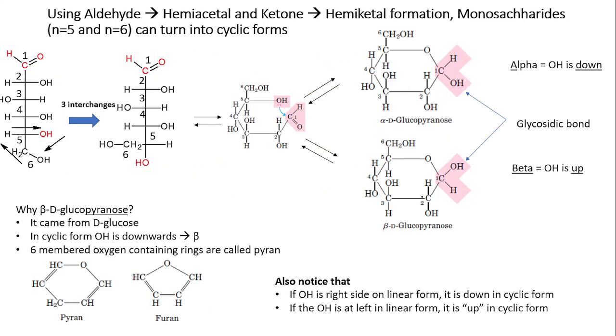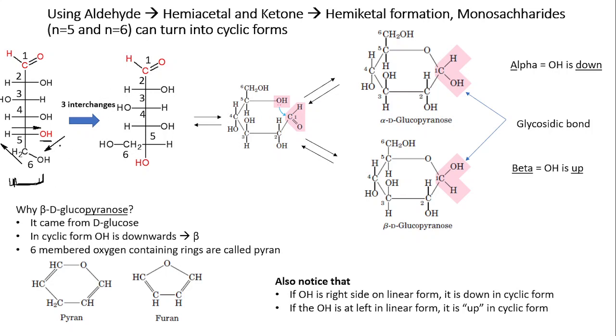Using aldehydes, this hemiacetal and hemiketal formation is how the linear aldehydes form into cyclic forms. Here, for example, this particular one is a linear aldehyde. What is happening here is that this particular OH, the red one, we will be using for forming the hemiacetal.